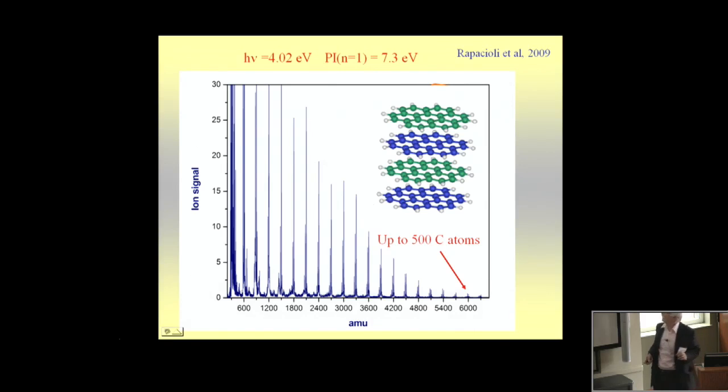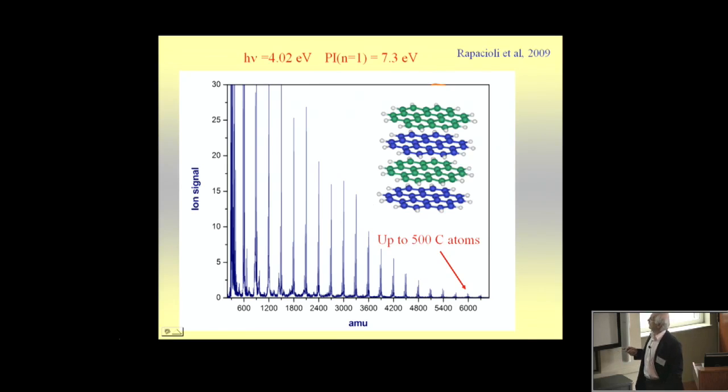This is one of these mass spectra. The mass of coronene is 300. It's very useful to recognize: 1, 2, 3, 4, 5, 6, you can count.